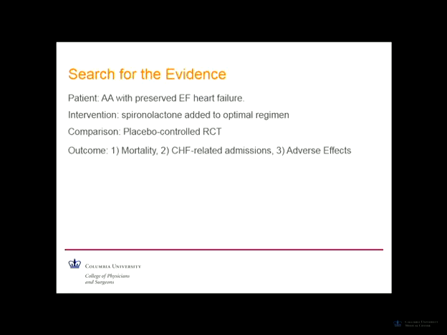So this is the way I looked at it. She's an African-American patient with preserved ejection fraction heart failure. And I went into this with the benefit of knowing something about this, and I knew that there had been a recent paper about spironolactone, which is an aldosterone antagonist. It's a diuretic that preserves potassium. And I had reviewed very quickly a paper, and that was in the back of my mind.